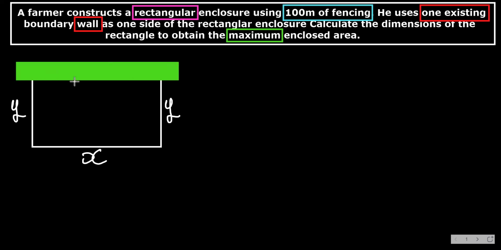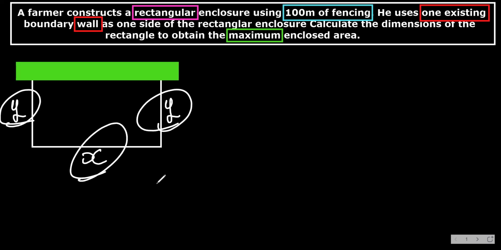What is only affected will be the perimeter. The perimeter, which is the total distance around the shape, would have been 2x plus 2y. But since this side is not there, then the perimeter will be x plus 2y. That's what I'm saying to you.